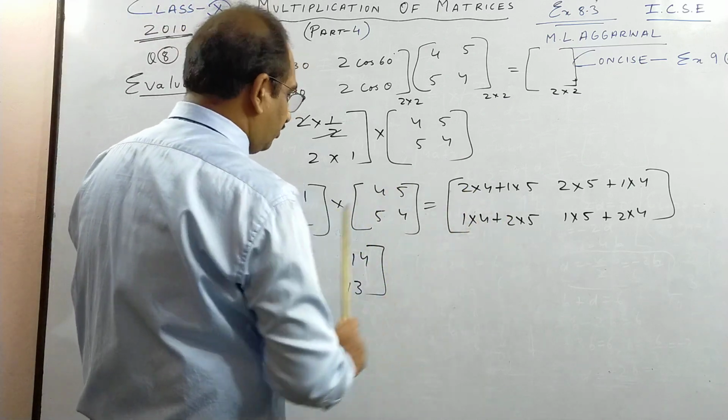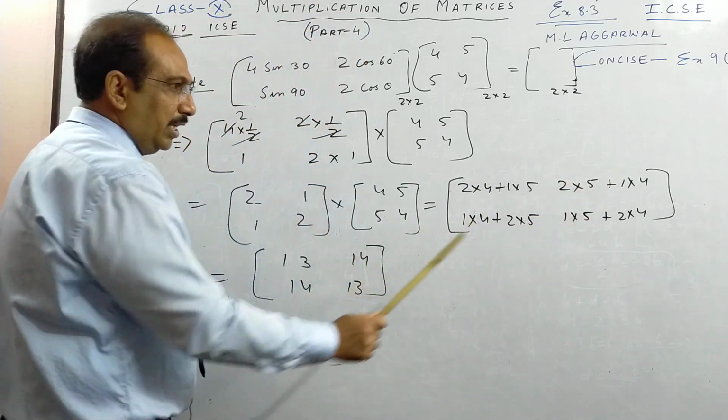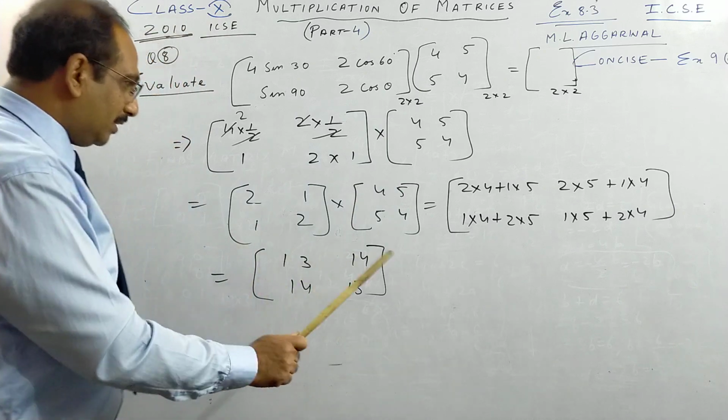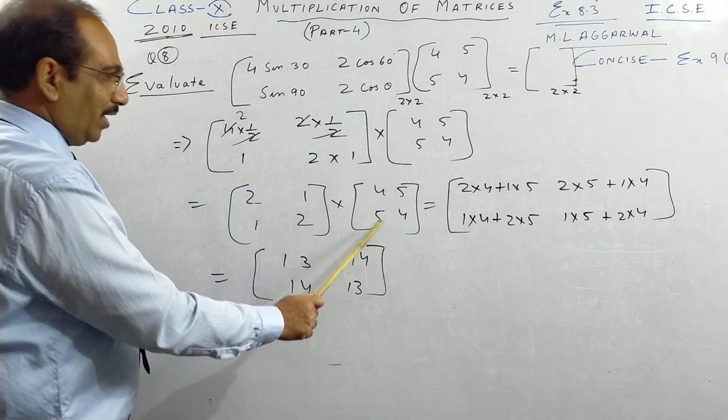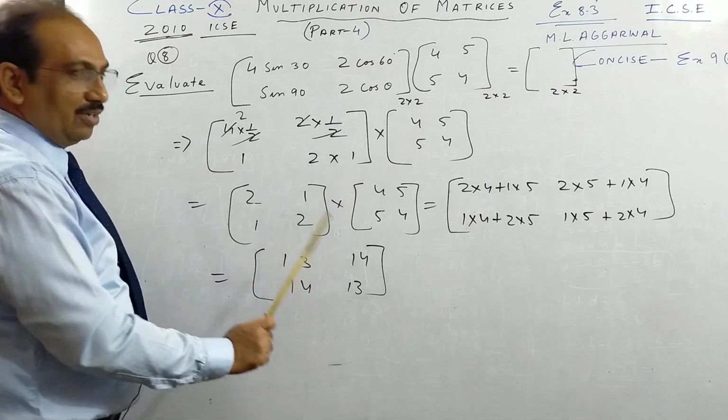So 8 plus 5, 13, 10 plus 4, 14, 10 plus 4, 14, 5 plus 8, 13. See this pattern also, 2, 1, 1, 2, 4, 5, 5, 4. So a very interesting answer we get: 13, 14, 14, 13.